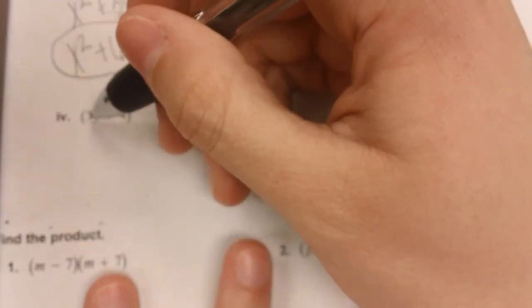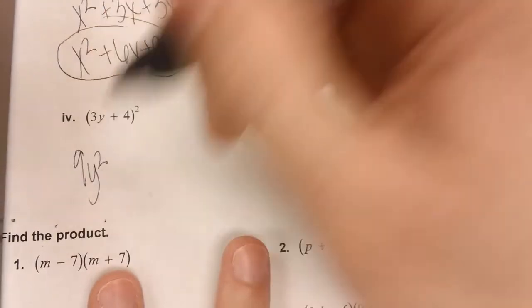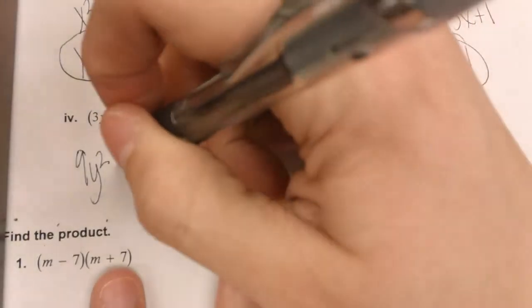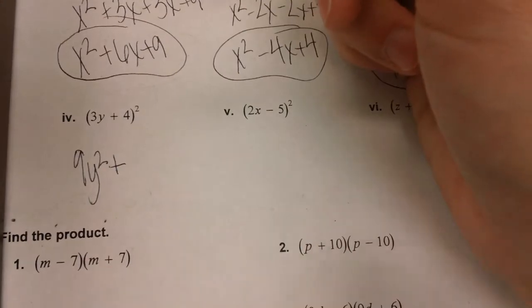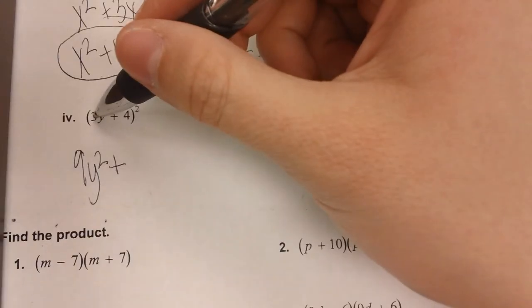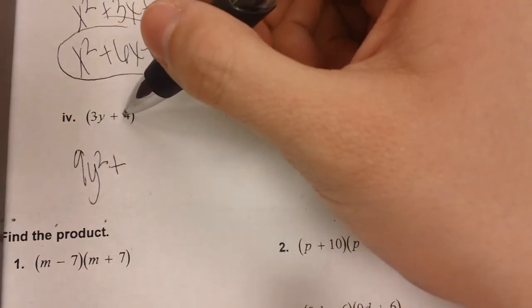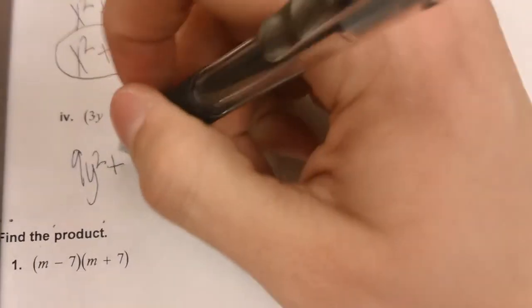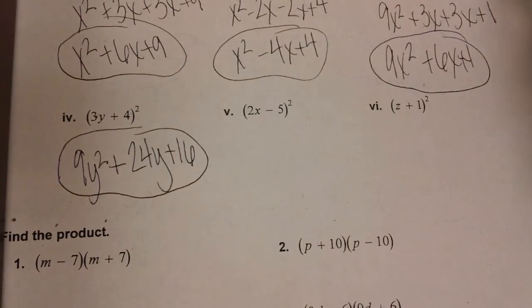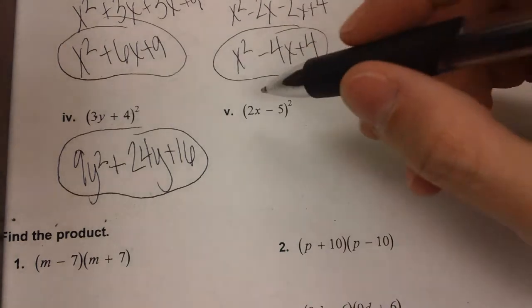So I do a squared, so 3 squared would be 9y squared. Since this is a plus, I get a plus here. 2 times 3y is 6y times 4. So you just multiply these two things together and then multiply it by 2. So 12y times 2 would be 24y, and then 4 squared is 16. If you FOIL that, it should come out to the same answer I just got.